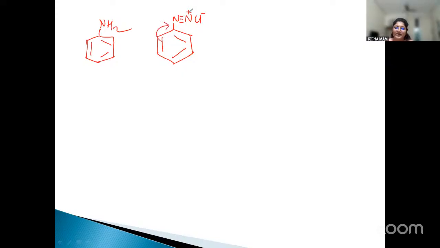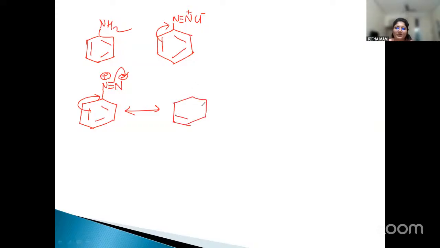So if I write the resonance structure, N triple bond N, with minus and plus charges, there is a resonating structure.